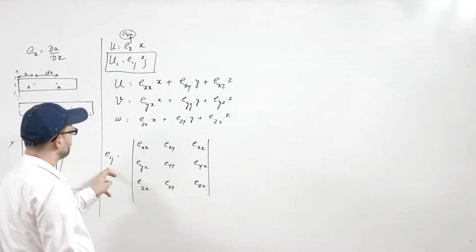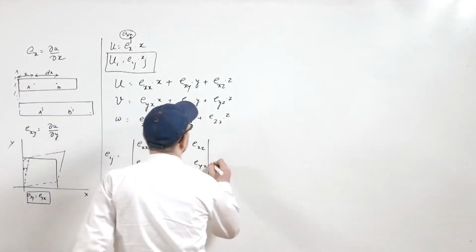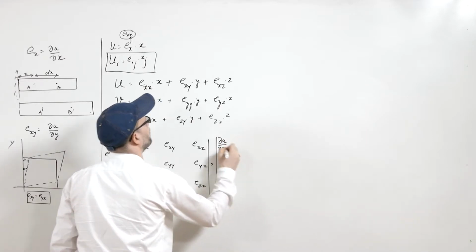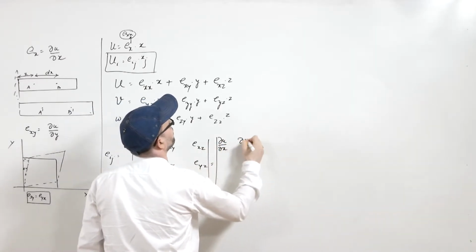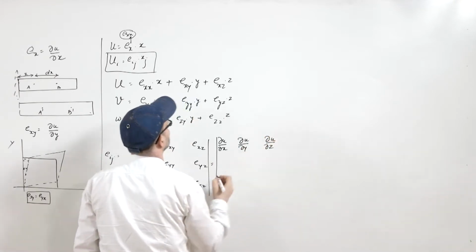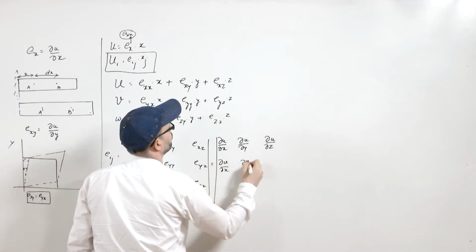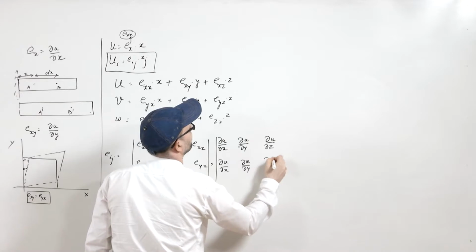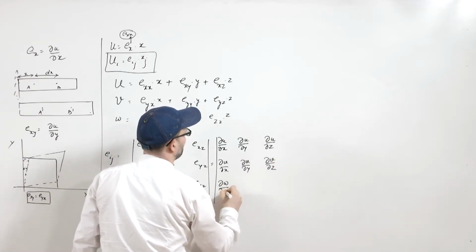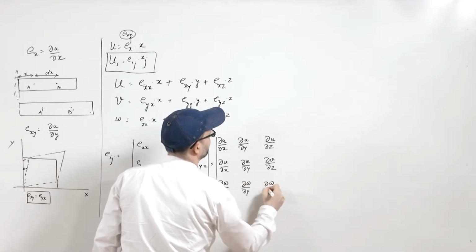And then further, if you place these equations in their own terms, you will have Exx is dou u by dou x, then Exy is dou u by dou y, and this is dou u by dou z. Similarly, you have dou v by dou x, dou v by dou y, and dou v by dou z. Similarly, you have dou w by dou x, dou w by dou y, and dou w by dou z.